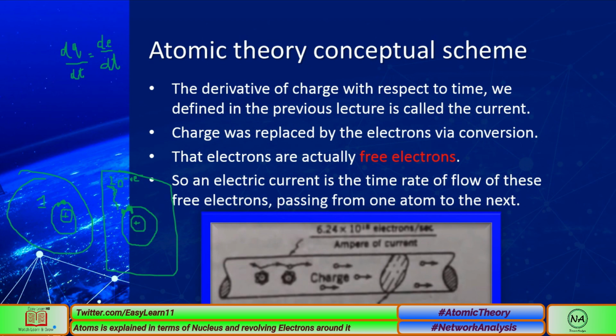Now, for example, this is an atom and this is a free electron. There are a number of atoms, because every metal, every solid, is made up of a number of atoms. So if there is another atom right here, this is the first atom, let's suppose, and this is the second atom. Consider this diagram.